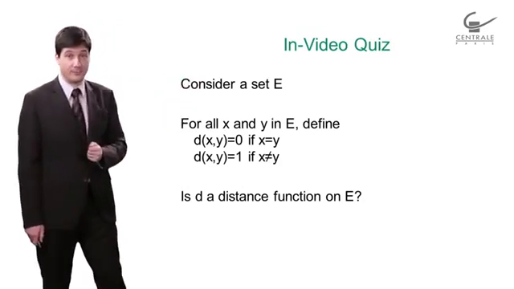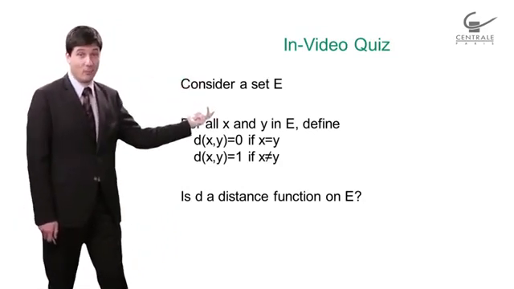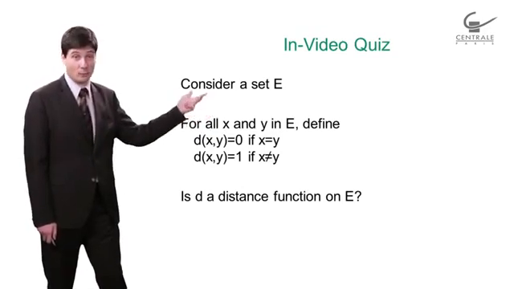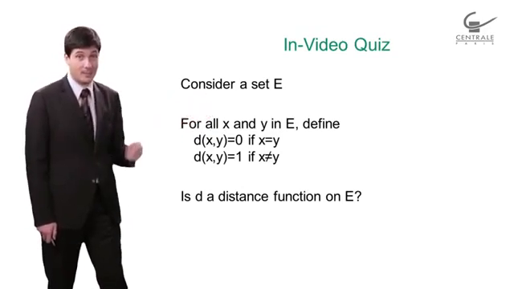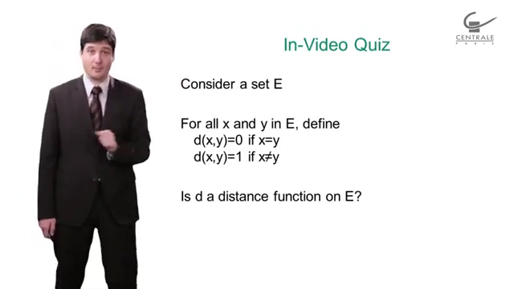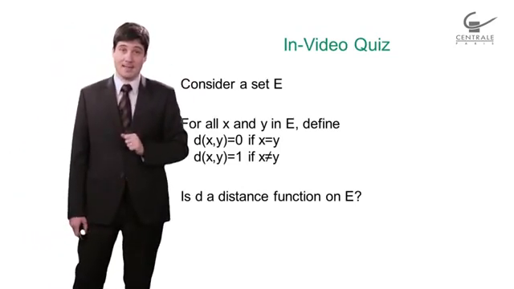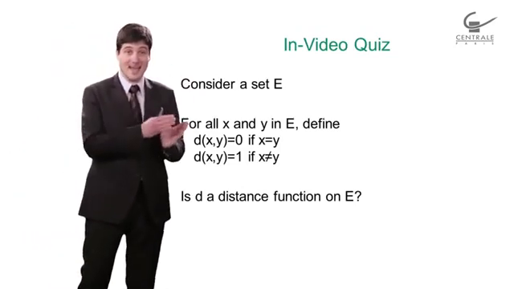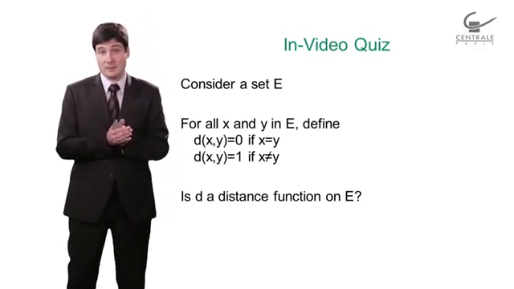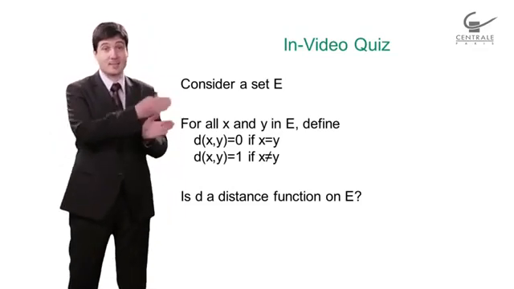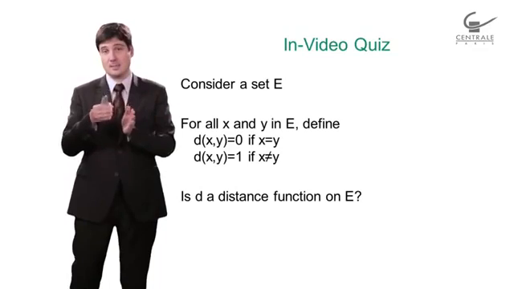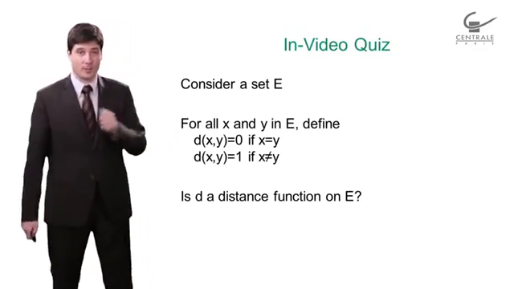True. If x is different from y, then d(x,y) is going to be equal to 1, which is the same as d(y,x). So the third criterion is met. And lastly, if you look at d(x,y), it's obviously going to be smaller than d(x,z) plus d(z,y). So the fourth criterion is met as well.